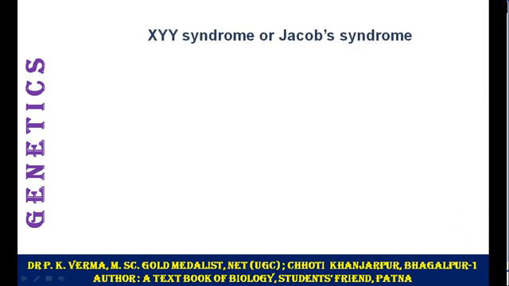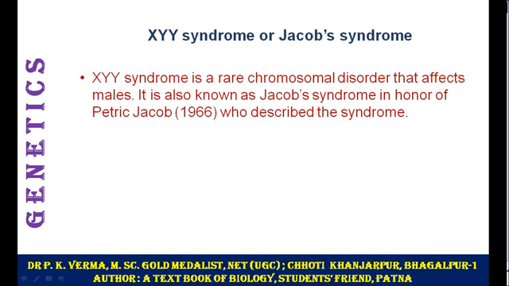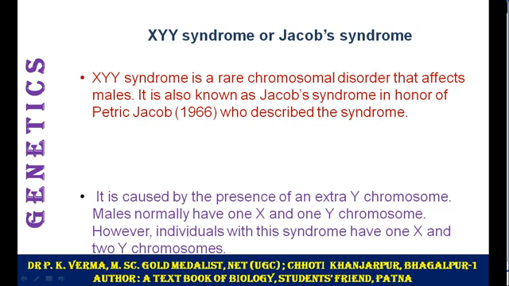Now the case XYY, never asked in medical examination but can be asked. It is not the super male, it is called Jacob's syndrome. XYY syndrome is a rare chromosomal disorder that affects males. It is also known as Jacob's syndrome in honor of Patricia Jacob who described the syndrome.